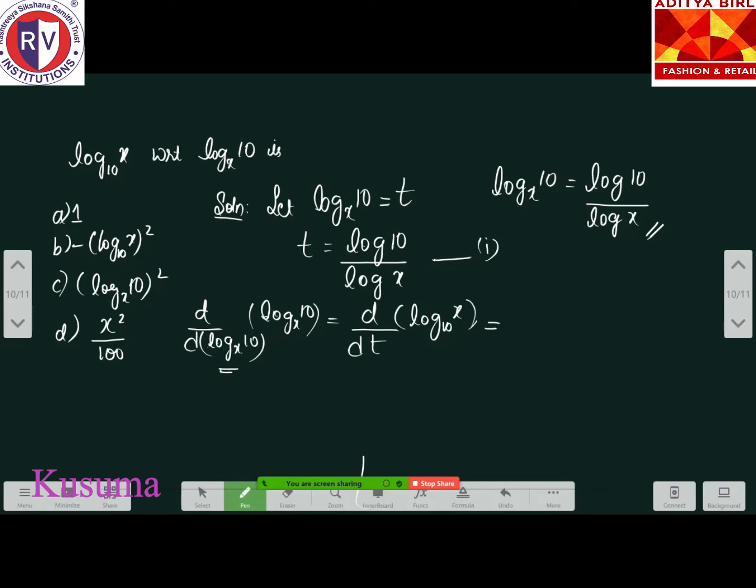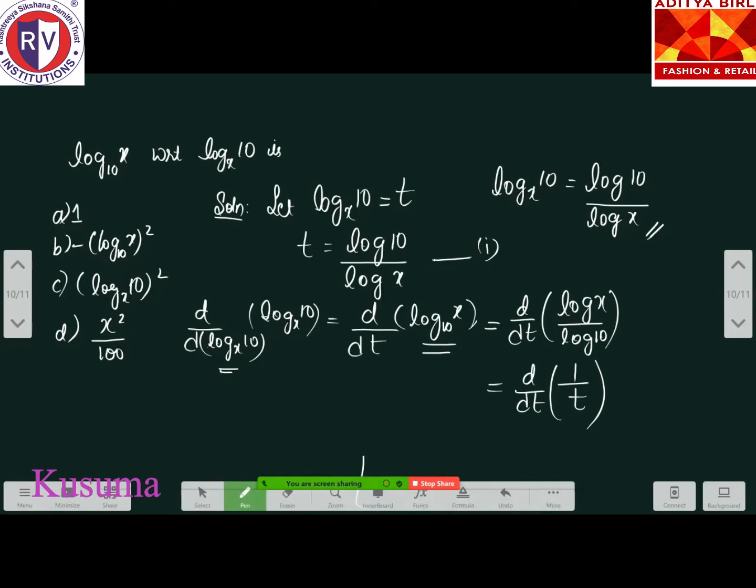You know that by the property of logarithms, log x to base 10 can be written as log x by log 10. What is this? This is nothing but 1 by t, right?